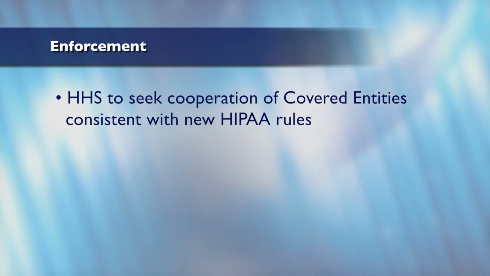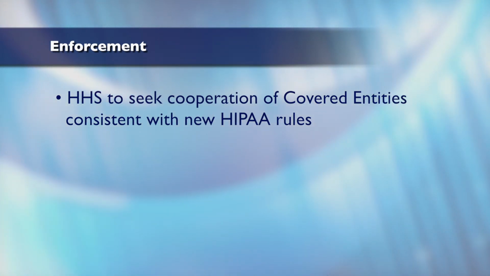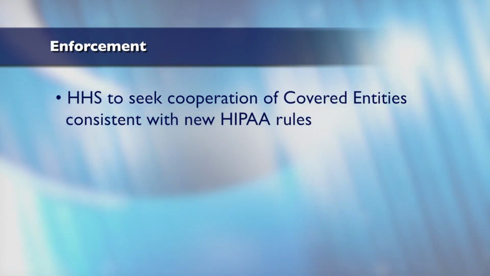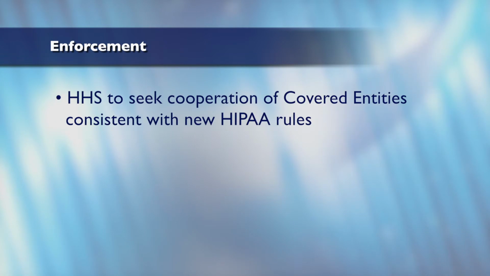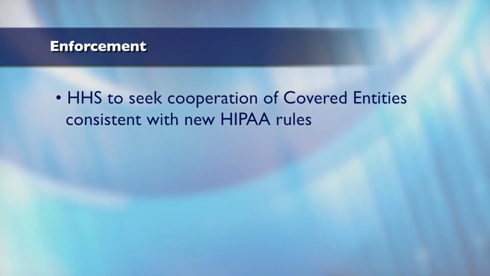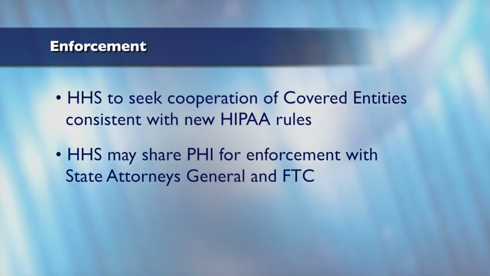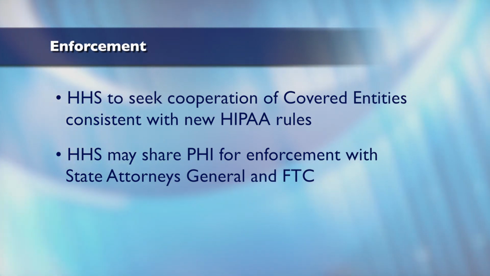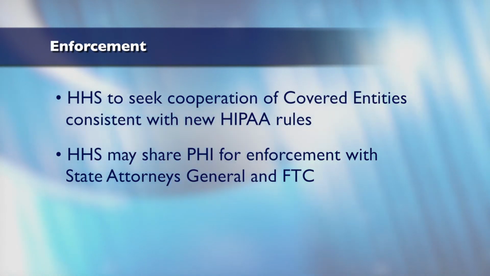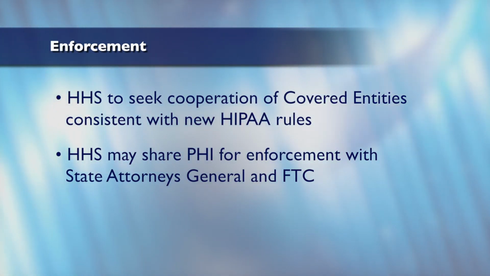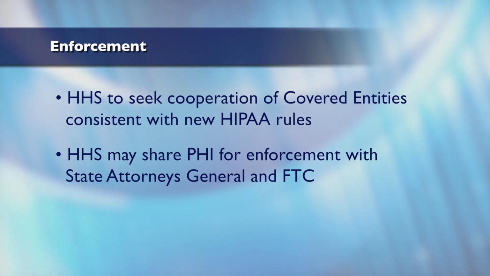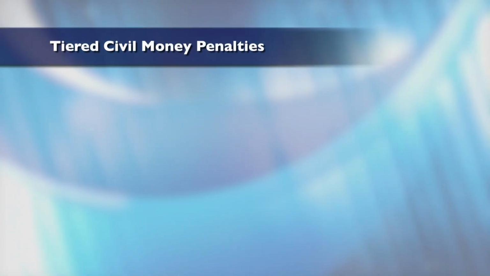Keep in mind that HHS may now seek cooperation of covered entities consistent with new HIPAA rules, meaning they will try to cajole covered entities into compliance, and if that doesn't work, they'll begin their formal investigations. And then finally on this slide is the idea that HHS may share protected health information for enforcement purposes, not only with state attorneys general, but also the Federal Trade Commission.